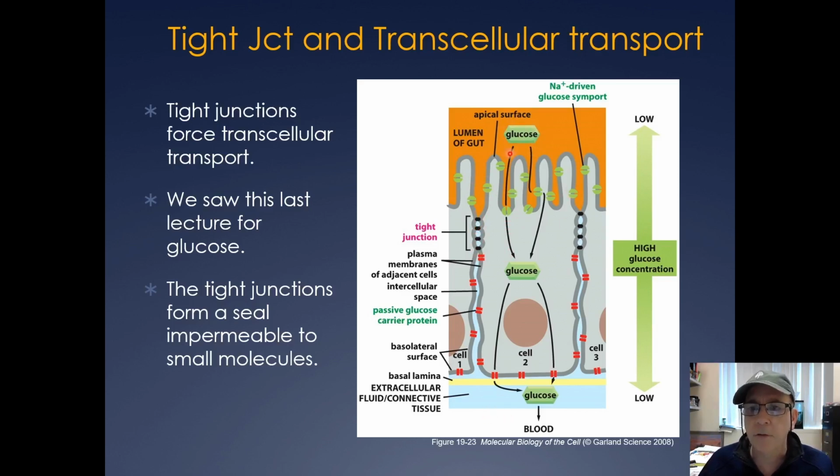So you'll have the sodium-driven glucose symporter, which will bring in glucose against its concentration gradient, and then the glucose can just fall and pass through the passive glucose carrier. And so it's ultimately these tight junctions that necessitate this transcellular transport.